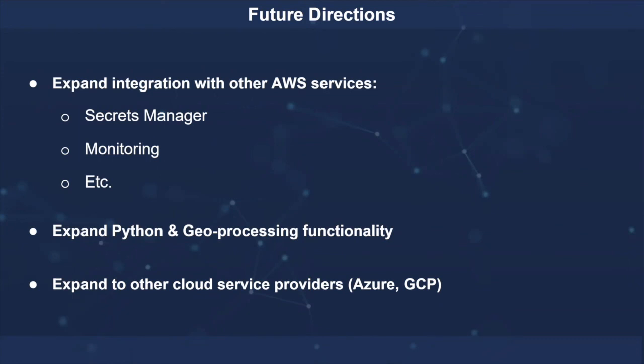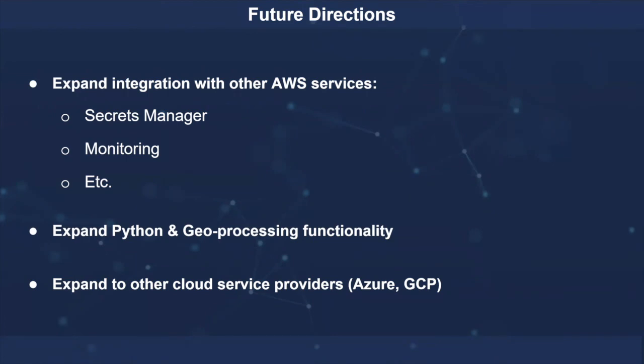I'd like to expand the Python and geoprocessing functionality. We have a developer on our team who's taken this workflow and strung it together with some open source tools to do some geoprocessing, and then takes those and outputs a shapefile and puts that into ArcGIS Online for a client.